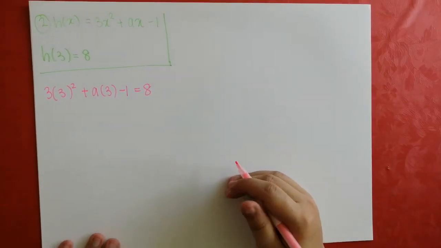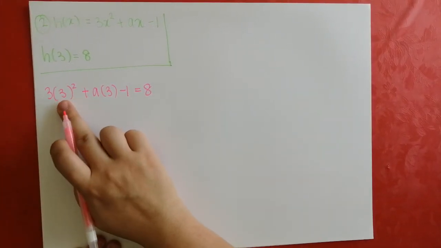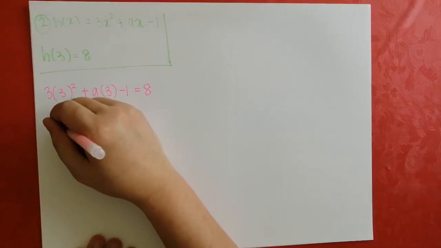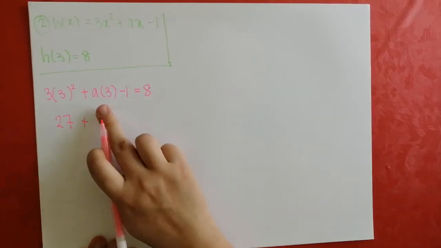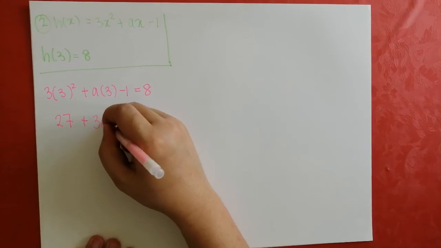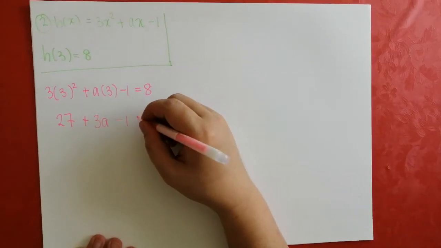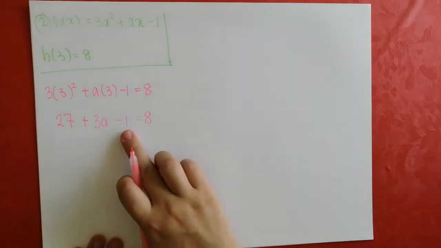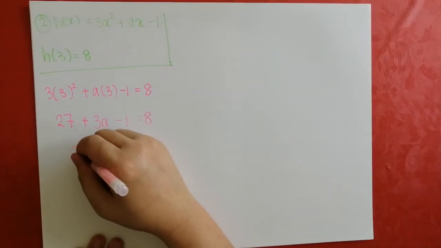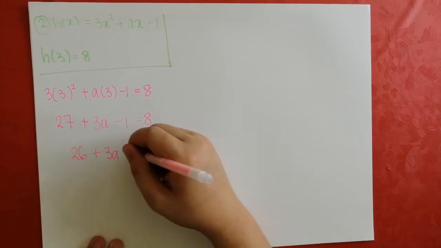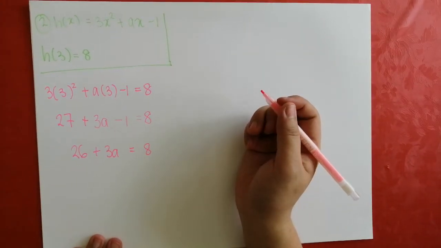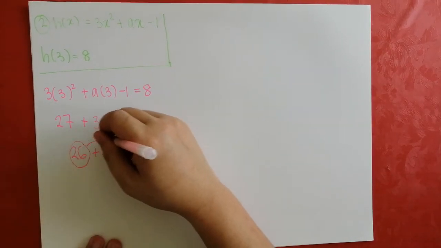Then from there, let's simplify that. 3 squared means 3 times 3, which is 9. 9 times 3 is 27. Plus a times 3 is 3a, minus 1 equals 8. 27 minus 1 gives you 26, plus 3a equals 8. We are asked to find a, so let's move 26 to the other side.